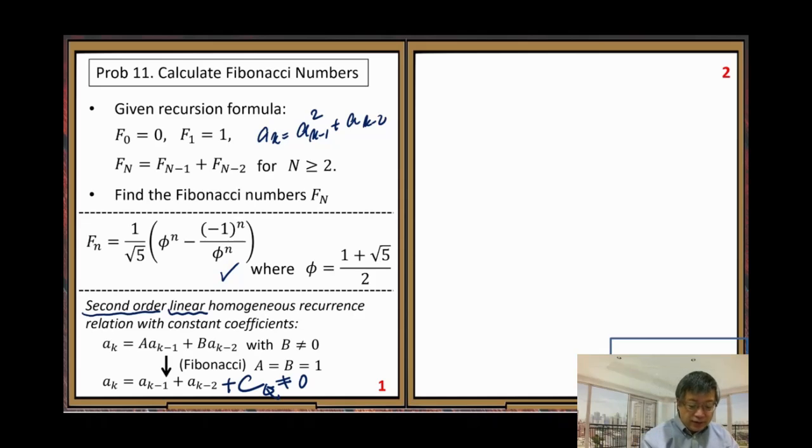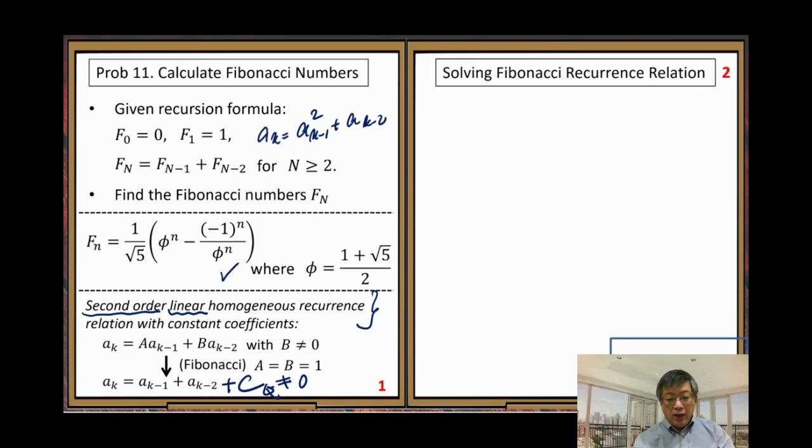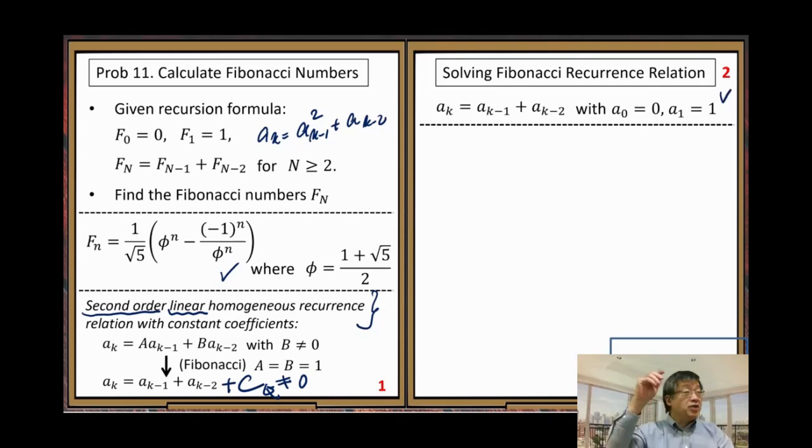Now you understand why we call this type of equations such a long name. Next, let's solve it. Now our question is like this. We need to find the solution. Some of you may still remember that you solved this problem in discrete math. There is one section for this type of questions, so you can solve it.